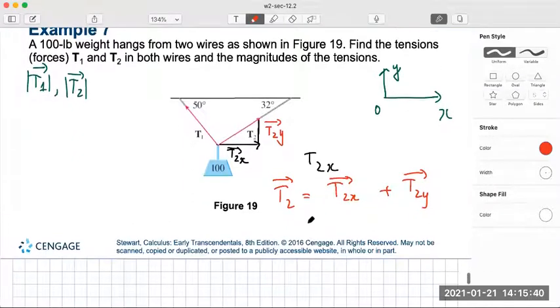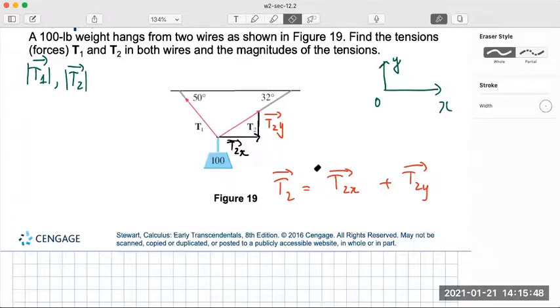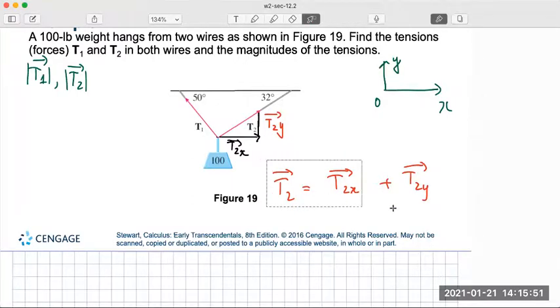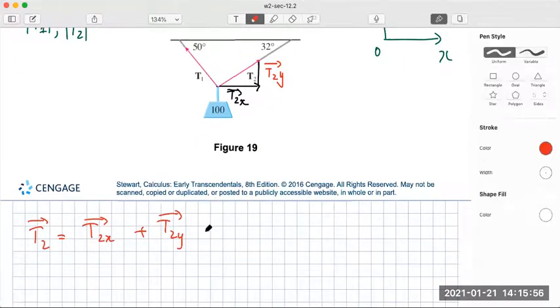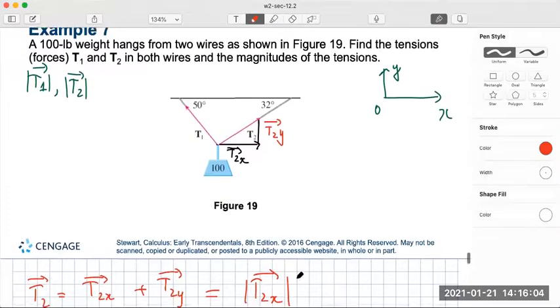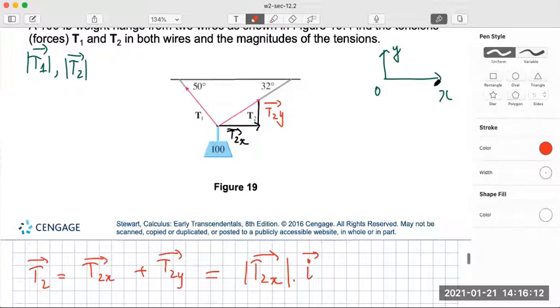So therefore, let me write it down. We write the length of T2x multiplied with the vector I, because the direction is along the x-axis.